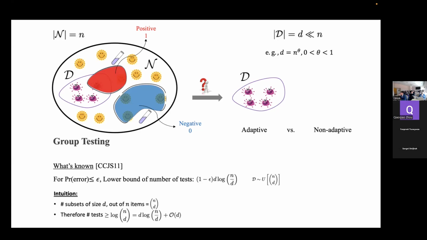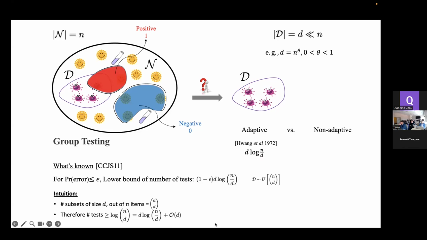If the test result is negative, this means all of them are healthy. If the test result is positive, then you can test them one by one. This is an adaptive strategy. For adaptive strategies, the well-known binary splitting algorithm already achieves the lower bound. For the non-adaptive case, it was unknown until 2020.